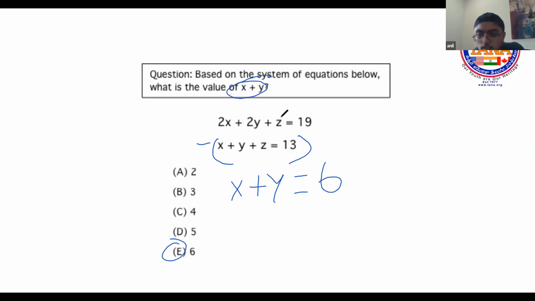Okay, Meghna? So my question is, for this one, is it non-calculator or calculator? Because for this one, I know you can plug it into your graphing calculator. You don't need to. For this one, you don't need your calculator at all. I can technically plug it in, but I don't think it would work, since there's 3 variables.